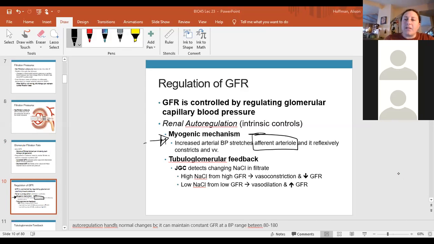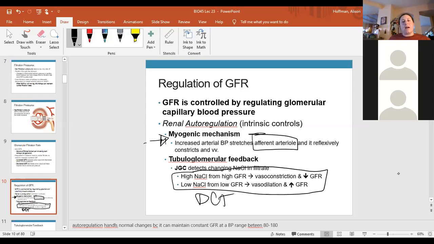The tubuloglomerular feedback is how the juxtaglomerular complex responds. So basically this is analyzing the filtrate or the urine that's already forming. So this is detecting it in the distal convoluted tubule. And basically if you're making too much urine, we decrease the GFR.